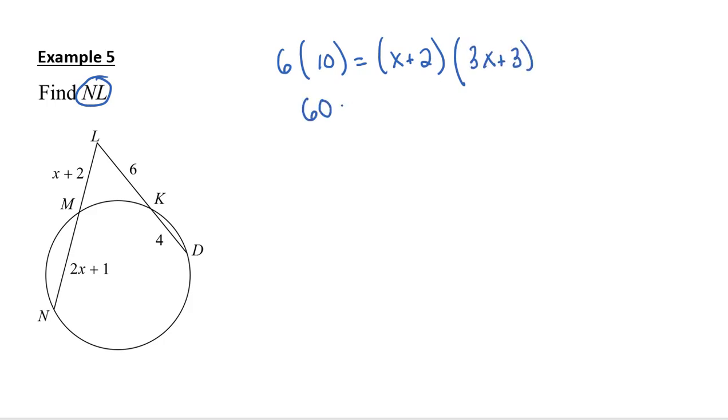So I have 60 equals, I FOIL this through, I get 3x squared plus 9x plus 6. I get that equal to 0.